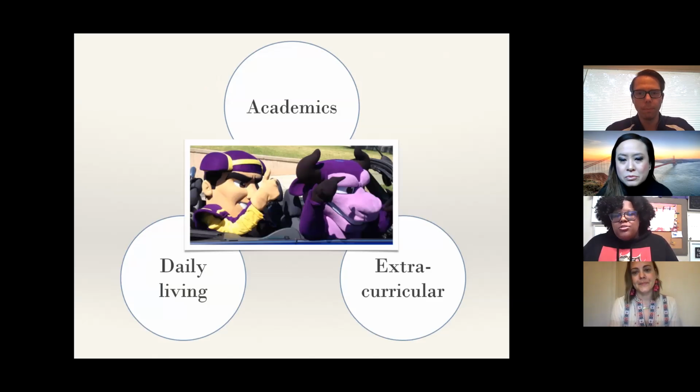You don't want your extracurriculars to overload you so that you're not doing the daily living things, hanging out with your family, eating, sleeping right. The same goes for your academics. So from this presentation, we hope that you understand your courses, you choose wisely, and use this to make informed decisions about your schedule and your life as a whole, not just school, but your daily living, and making sure that you do fun things as well.